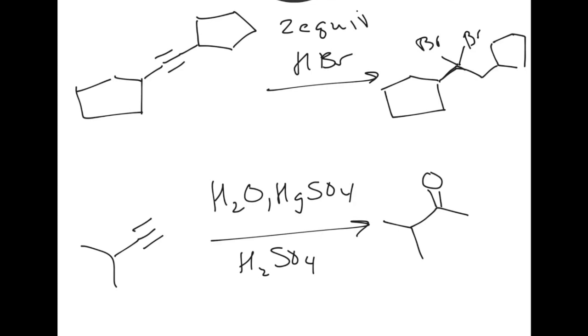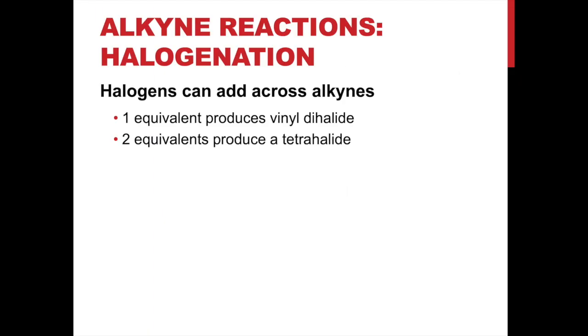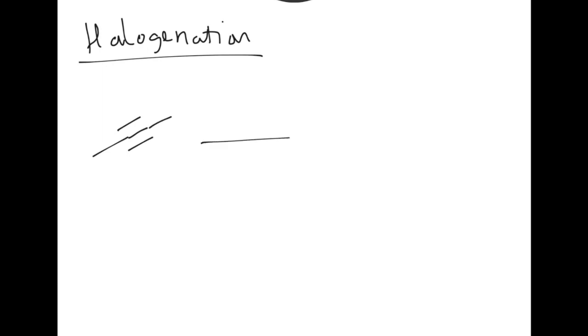Okay. Next up, we're going to do halogenation. This is another reaction like hydrohalogenation, where the number of equivalents that you use matter and change the product. So if you have your alkyne and you use one equivalent of halide, I only have enough halide to react with one pi bond.